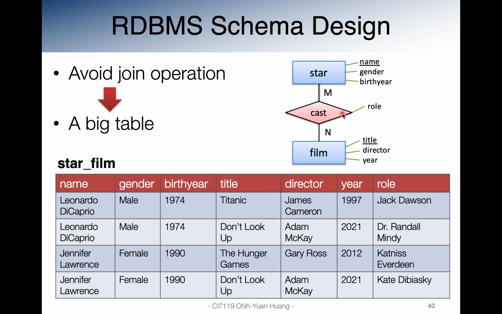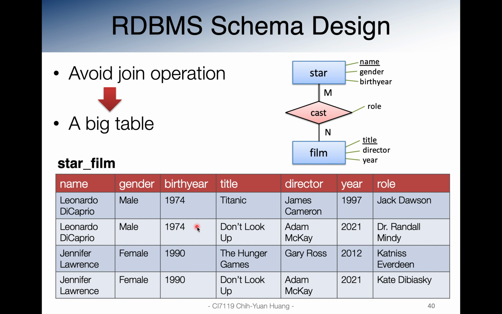However, as you can see from this table, you may be able to identify the problem of this solution. The problem over here is the redundancy of the data. Leonardo DiCaprio, his gender and also birth year, are actually repeated two times over here.